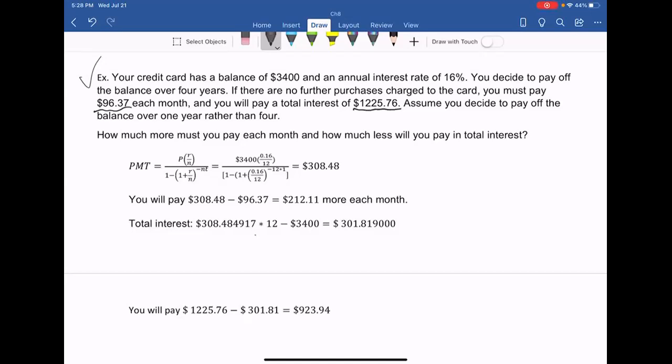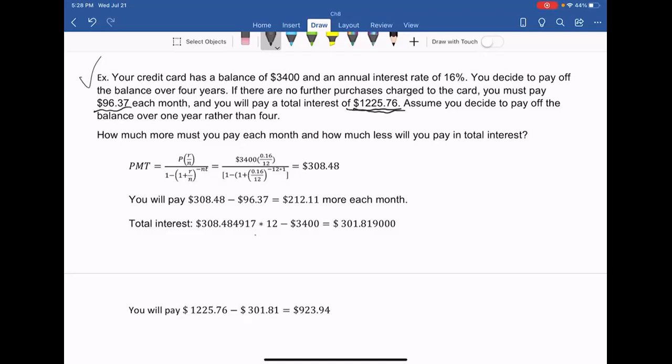Assume you decide to pay off the balance over 1 year rather than 4 years. That leads us to compare the monthly payment for 4 years and 1 year, and the total interest for 4 years and for 1 year.